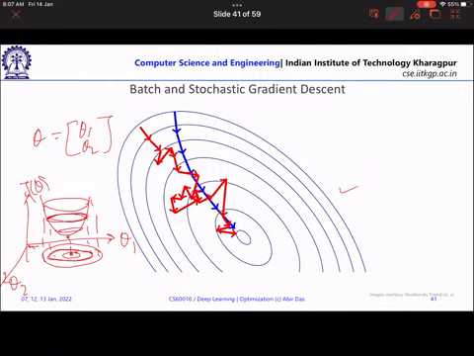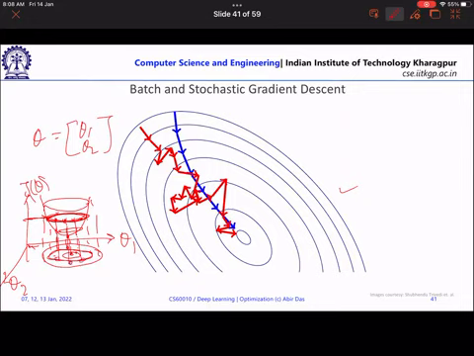So what are these curves? These are constant value curves, which means that at every point on this curve, the value of J theta is the same. But the thetas can be very different: this theta, this theta, and so on.